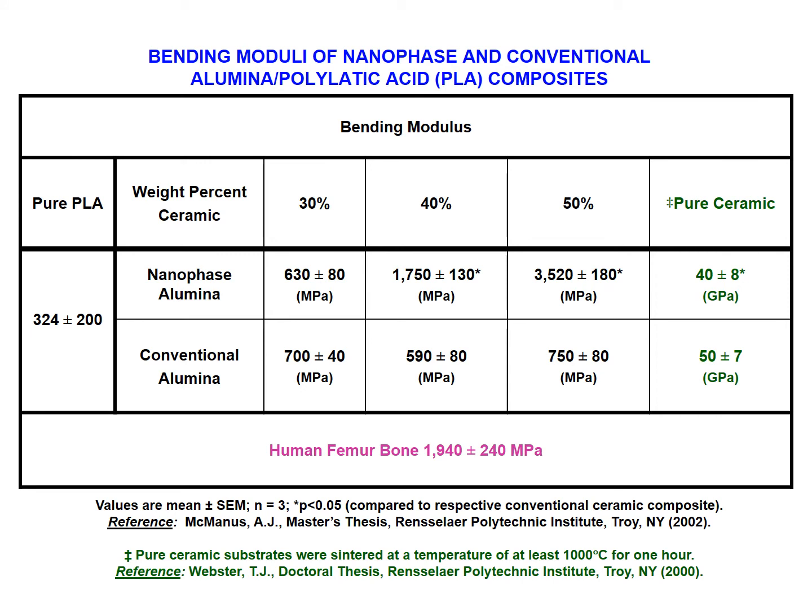The important conclusion here is to notice that by putting together a synthetic composite that imitates not only the relative composition of real bone, namely having a polymeric part and a ceramic part, but by increasing the content of the nanophase ceramic, we reach a bending modulus which is in the order of magnitude of what is found in some parts of the human bone skeleton.